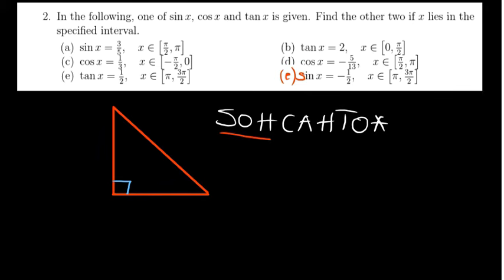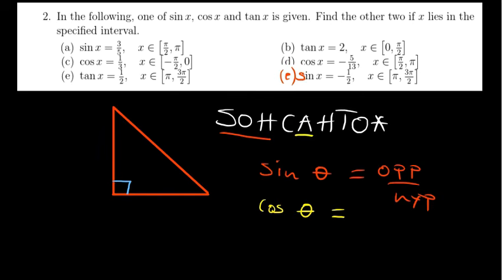The first one is sine. So sine theta means opposite over hypotenuse. And then cosine of theta is equal to adjacent over hypotenuse. Now previously, from the previous question, I explained what these are. And then tan theta means opposite over adjacent.